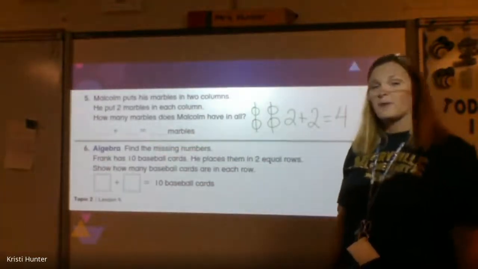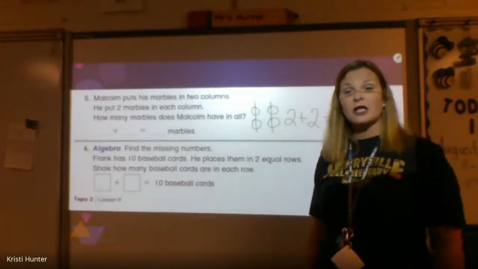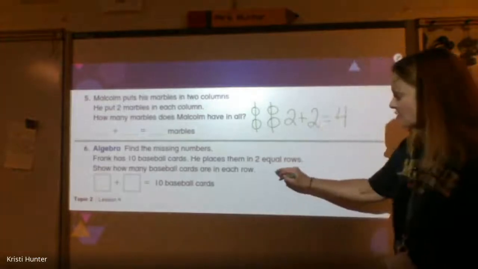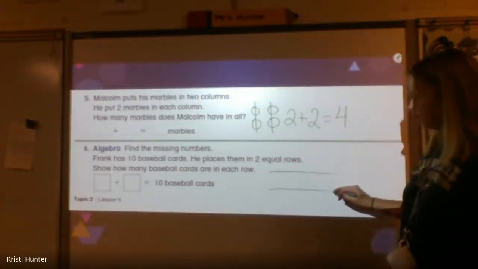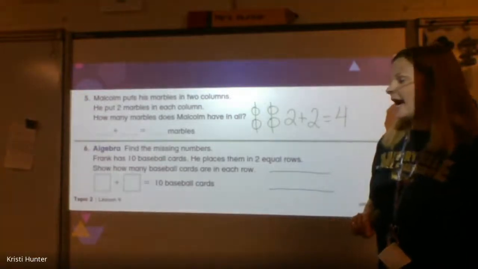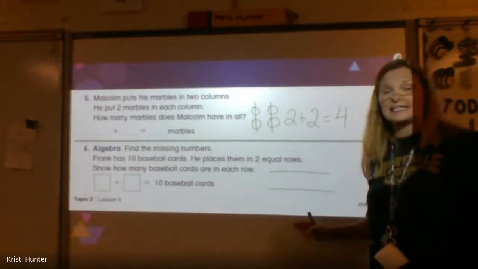Show how many baseball cards are in each row. So how many rows did it say there were? 2, right? So I'm going to draw 2 rows because that's what my problem did tell me.